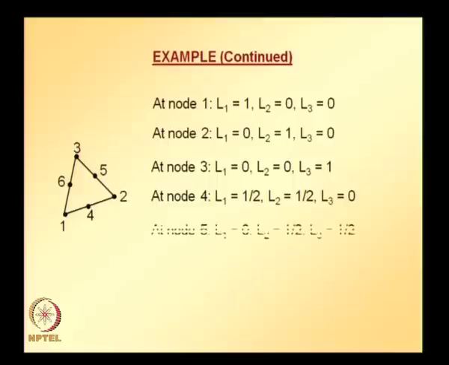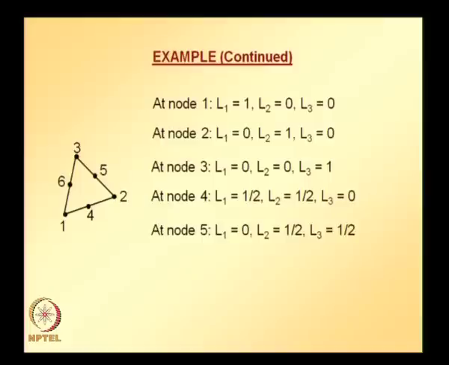Similarly, at node 5, node 5 is along side 2 3. So, imagine a line connecting nodes 1 and 5.